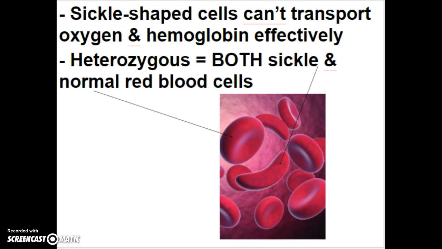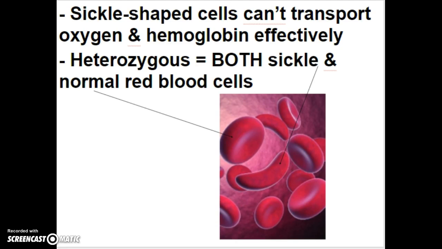What's interesting is that in different countries in Africa, it is actually an advantage to be heterozygous for sickle cell disease. For some reason, they are still researching the effects of malaria on carriers of sickle cell.